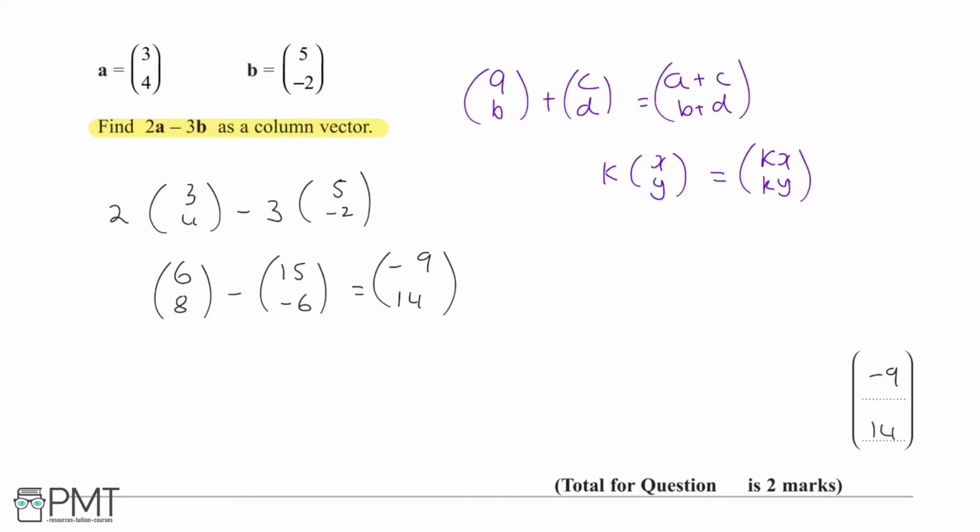There we go. So this question is worth 2 marks. The first mark comes from doing the correct steps and getting minus 9 and something else, or something else and 14. So if you've got one of the numbers correct, you get 1 mark, and you get both marks if you got both of the answers correct, like I have here.